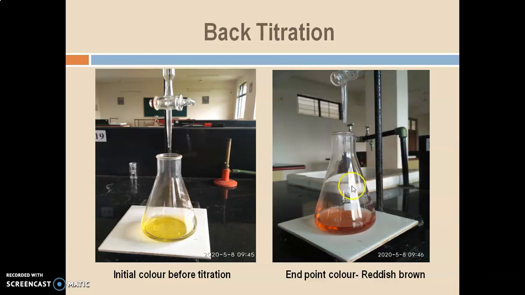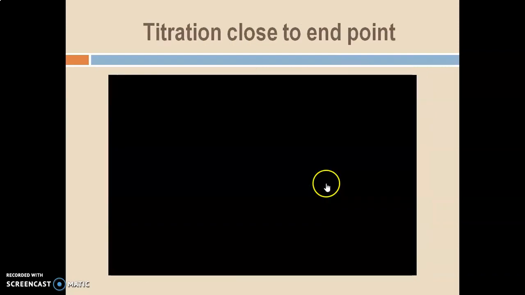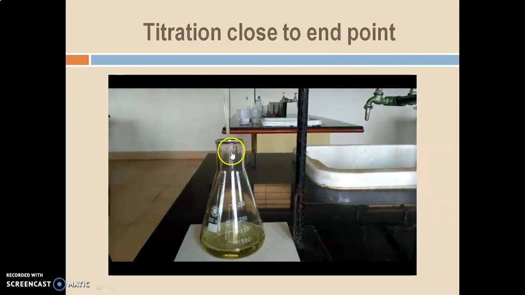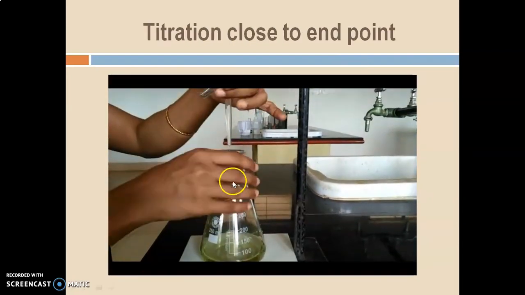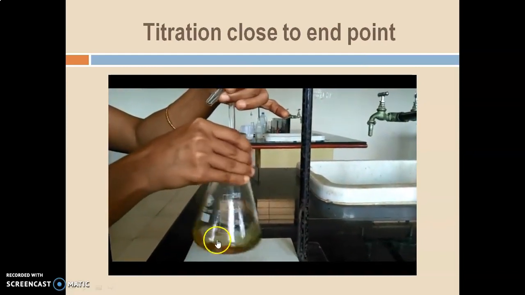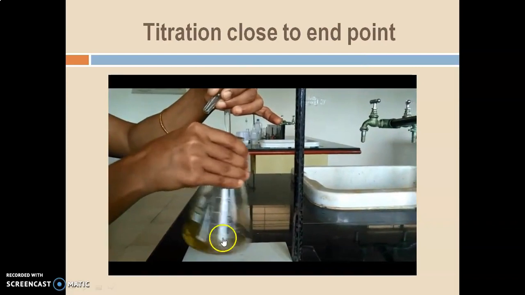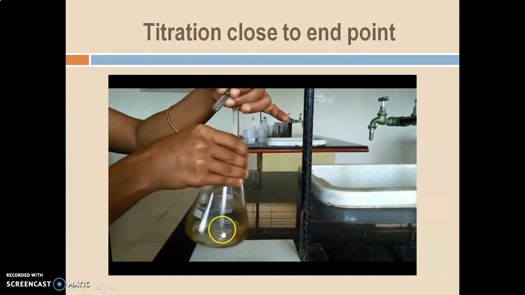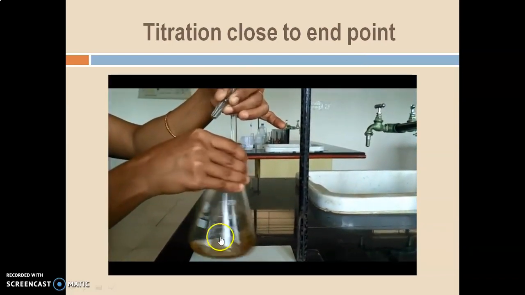At the end of the titration, the color will be reddish brown. A persistent reddish brown color will be seen. As the titration proceeds, the deep yellow or light orangish color will change to green because of the chromium salt formation.